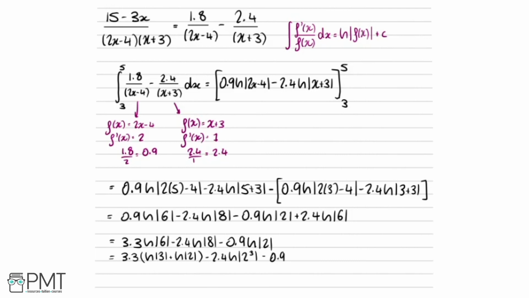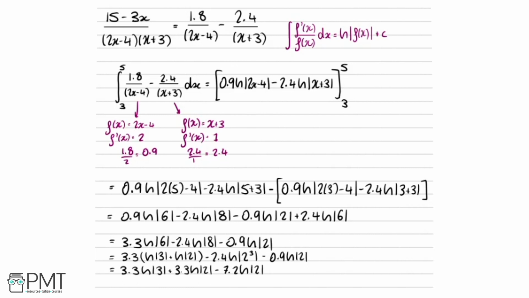So first I'm going to multiply out this bracket, so we get 3.3 ln 3 plus 3.3 ln 2. And then here we can use the log law to say we're going to bring down this power and multiply it by the minus 2.4. So doing that, we'll get minus 2.4 multiplied by 3, so minus 7.2 ln 2.